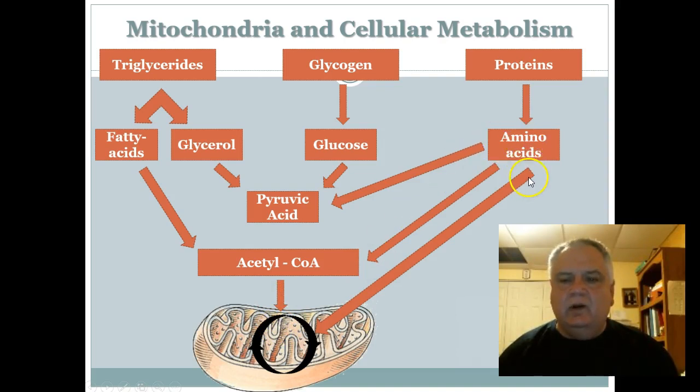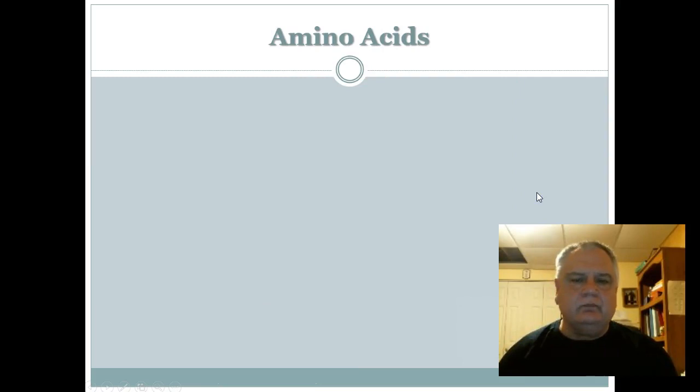And other amino acids still may just simply enter right into the Krebs cycle themselves. So we're going from more complex to simpler amino acids as we take a look at these three pathways. I don't want to get hung up on that in too much detail. I think that's pretty much enough for now.